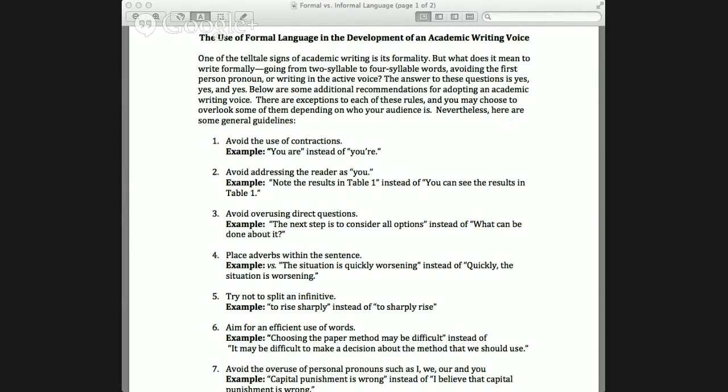All right. Number 2, you're going to avoid addressing the reader as you. So what we're talking about here is direct address of the audience. Now, if you address the audience as you, you're making a real assumption.